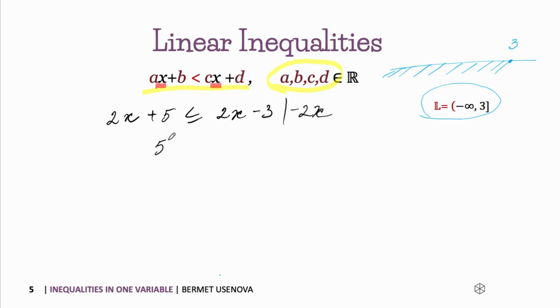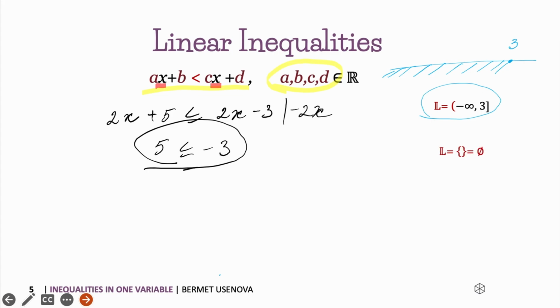And then we will end up with 5 being smaller or equal to minus 3, which doesn't make any sense. So it means that this inequality doesn't have a real solution. So then the solution set for this inequality will be the empty set. So we don't have any real numbers that will fulfill this inequality.